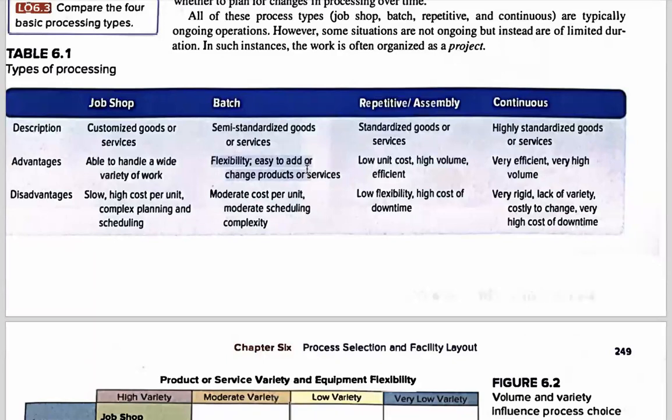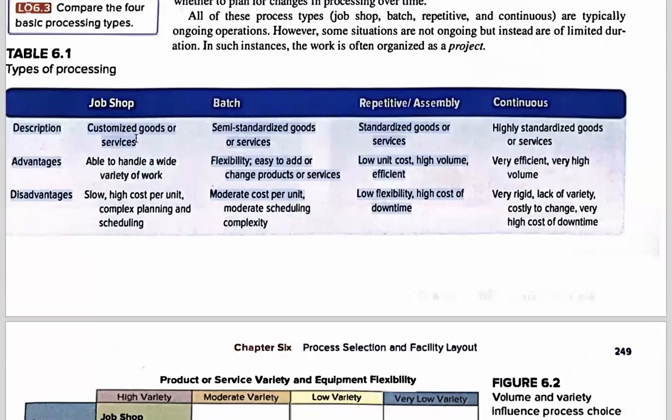Flexibility, it's easy to add or change product or services, and cost is moderate cost per unit. And when we go to repetitive, then as you can see, as we are moving from job shop to batch to repetitive, then volume is increasing. And standardization is also increasing. In job shop, there is no standardization.